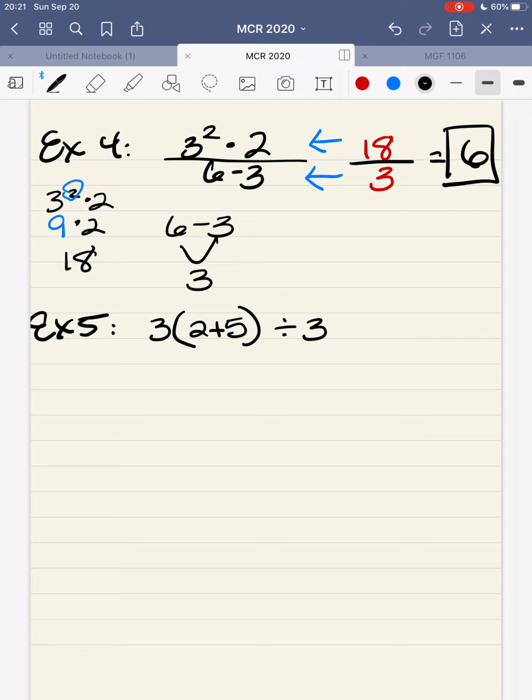Right? Gonna look at one more here at example 5. Now this is one where if I go ahead and say, oh, do I have parentheses? Absolutely. Now if you have a set of parentheses, you go ahead and look, is there something inside those parentheses that I can go ahead and perform? Here I have addition, so 2 plus 5 is 7.